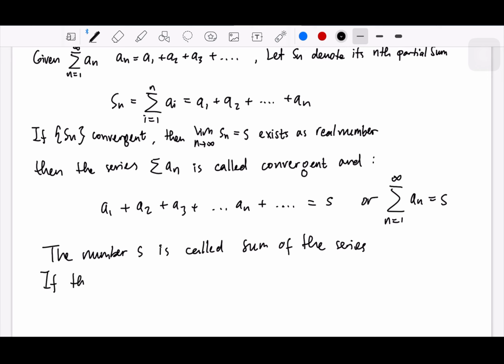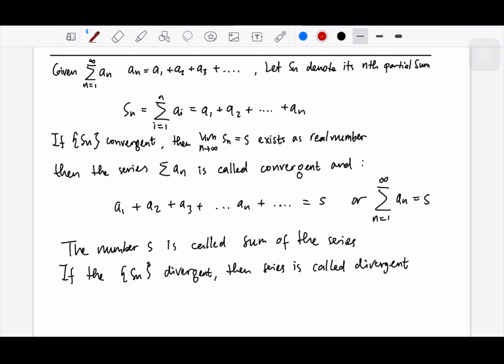If the sequence divergent, then series is called divergent. Okay, let me make some notes here. So if this is convergent, this exists.